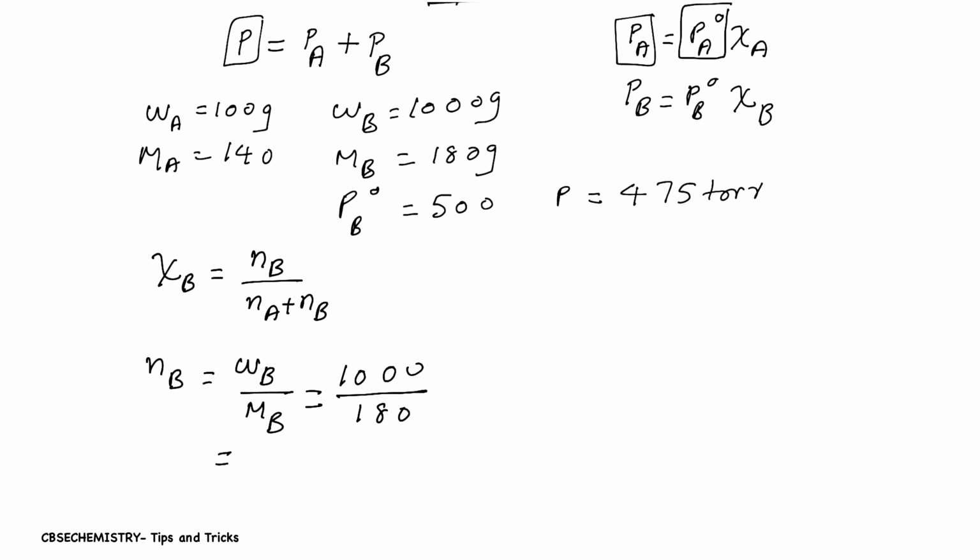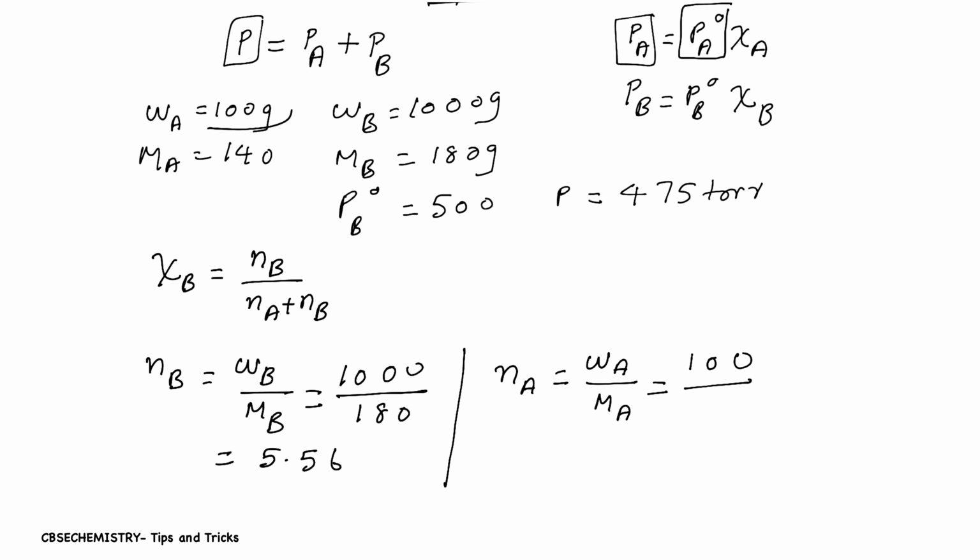On dividing you will get 5.56. Now what is NA? Number of moles of A is mass of A by molar mass of A. So what is that? 100 by what? 100 by 140. On dividing, you will get 0.714.